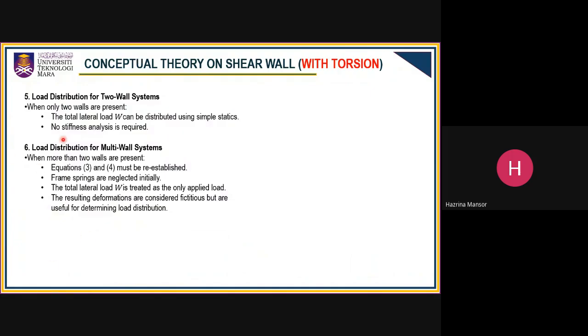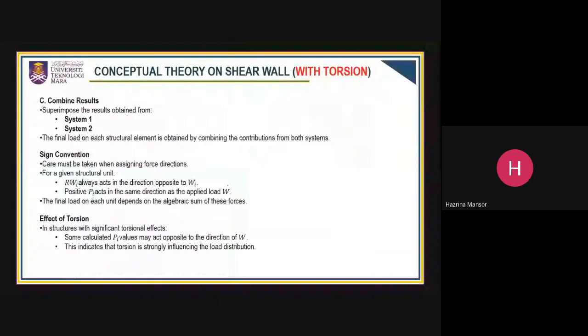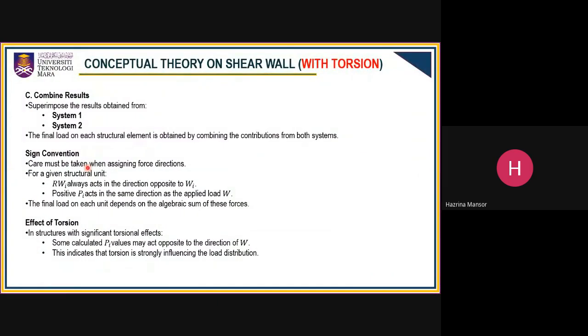After that, the load distribution for a two wall system is very clear cut because you can analyze it using simple statics. However, for the load distribution for multi-wall systems, equations 3 and 4 must be re-established. Finally, you need to combine the results of system 1 and system 2 in order to obtain the total forces acting on the structure systems.